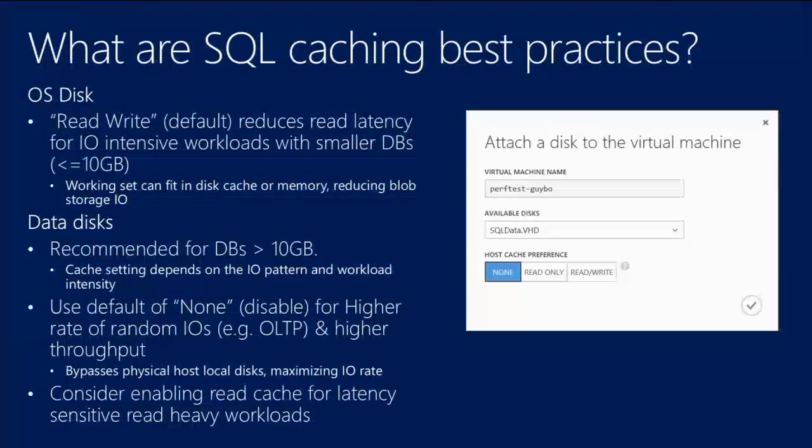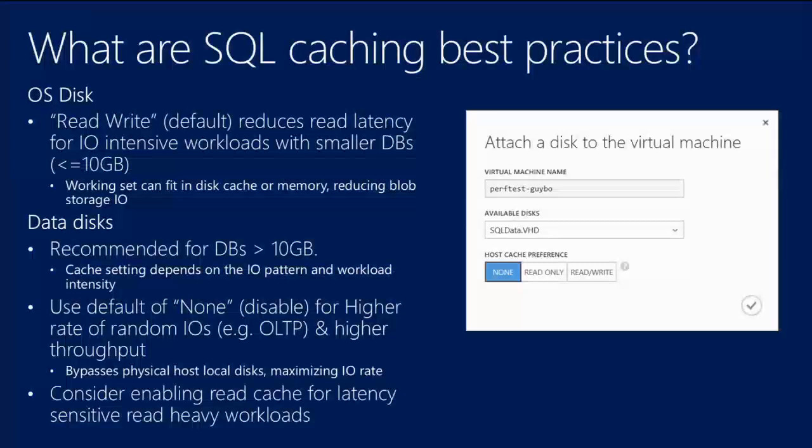For data disks, definitely if you've got databases more than 10 GB in size, put them on data disks instead of the OS drive. And then the cache settings, it depends. The default of none. If you've got a lot of random IOs, like an OLTP, where the cache is less use anyway, then pick the default of none for the data drive. That way, it maximizes the I/O rate.